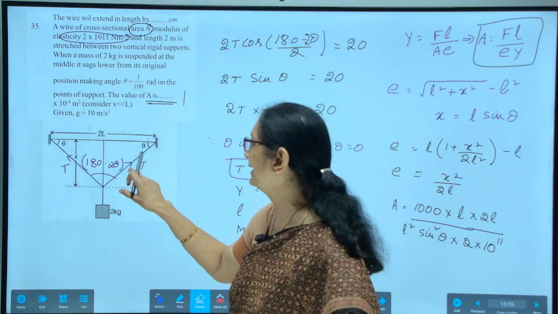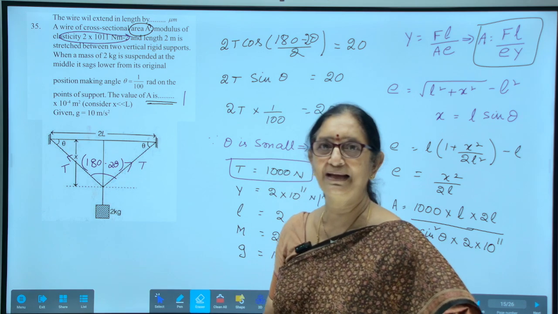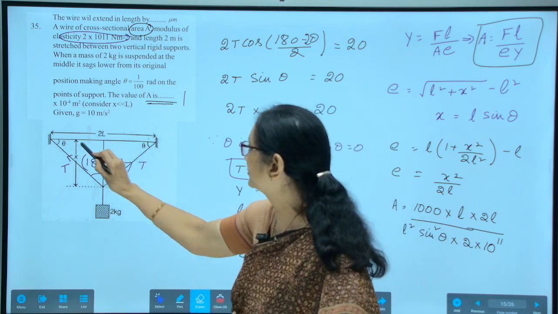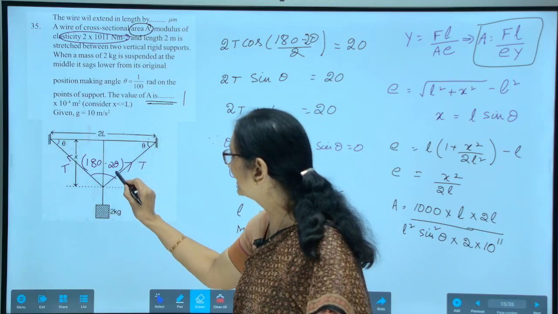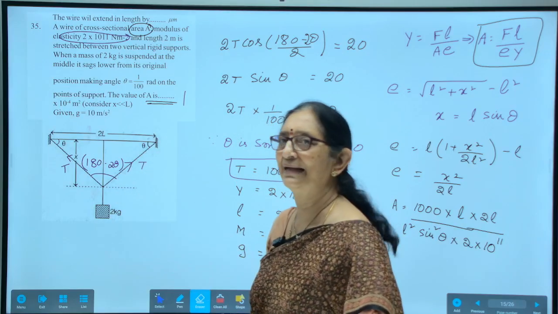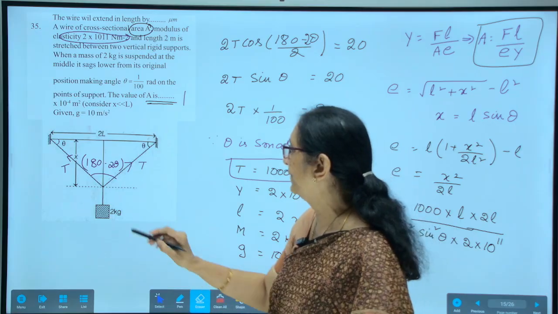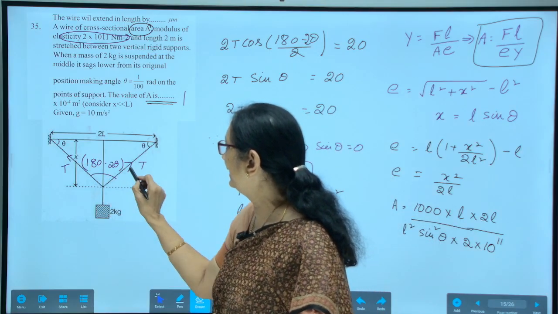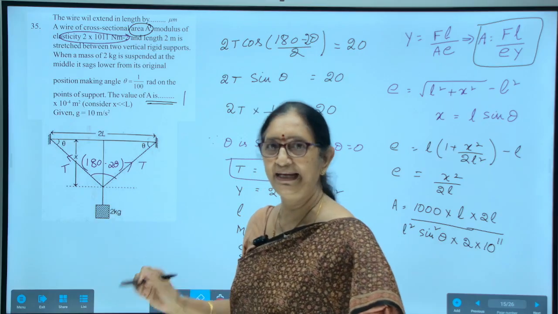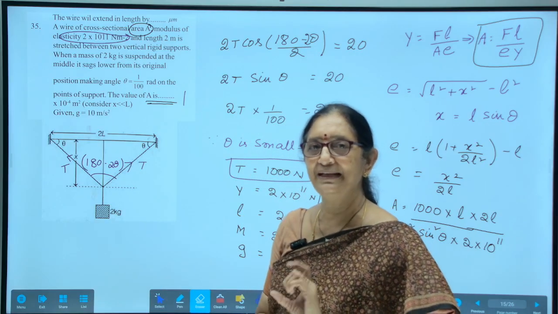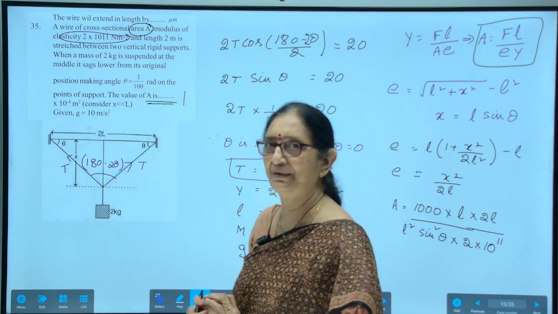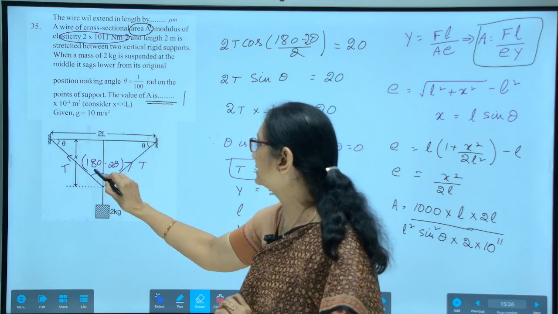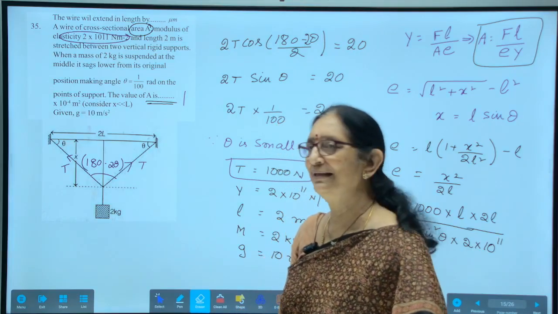If their lengths are equal, they make exactly equal angles with the horizontal. So this angle from the triangle becomes 180 minus 2 theta. So the tension in both of them will be equal. Let us take the tension in each portion of the string as T. So these two tensions are at an angle 180 minus 2 theta.